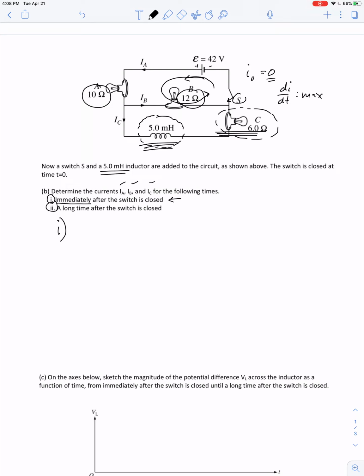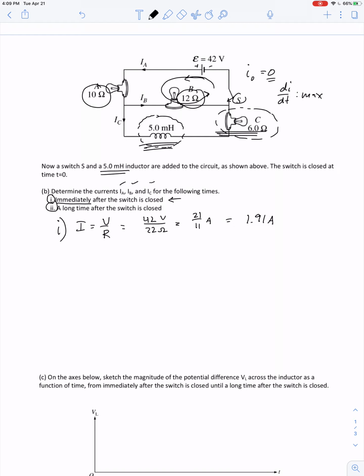Well, Ohm's law says I equals V over R, and so 42 volts is applied to a path of 22 ohms. 42 over 22, we can call that 21/11ths of an amp and leave it at that, or we can express it as a decimal. 21/11ths gives us 1.91 amps.